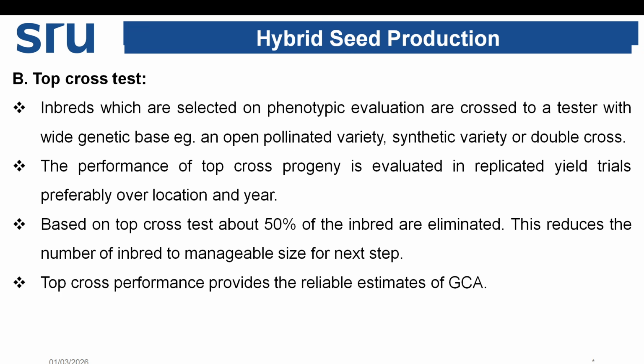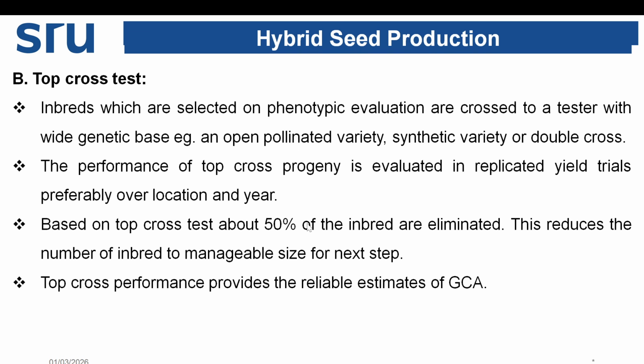The performance of this top cross progeny is evaluated in replicated yield trials, preferably over locations and years. That means you need to go for multi-location, multi-year trials to check the stability of those inbreds.